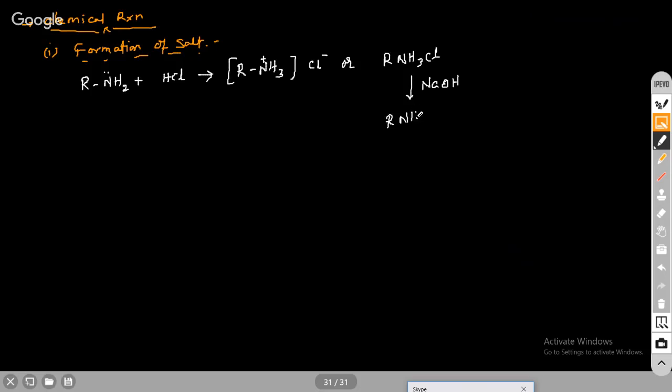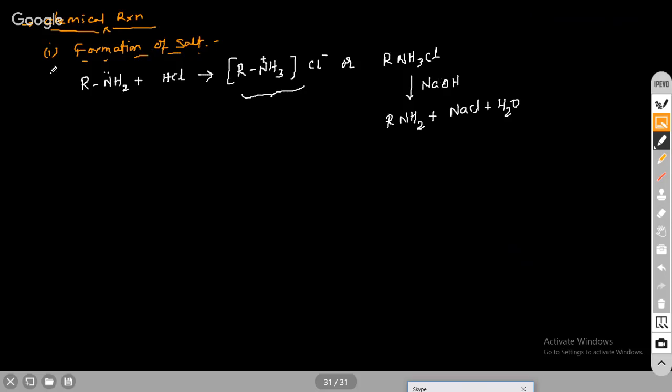So finally we get 1 degree amine plus salt NaCl, and water is released. So that 1 degree amine gives you salt, which on reaction with alkali solution forms the amine with which it has been formed, right?